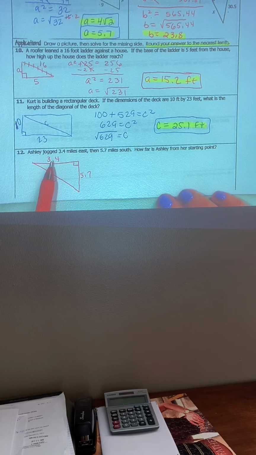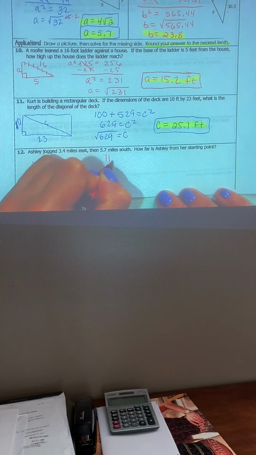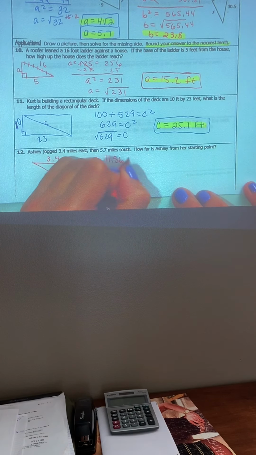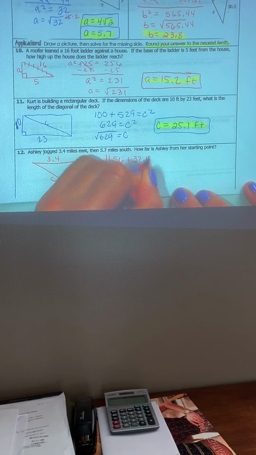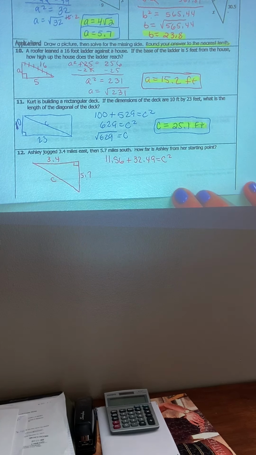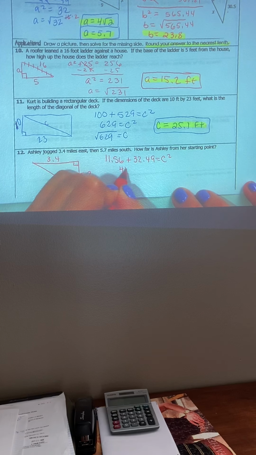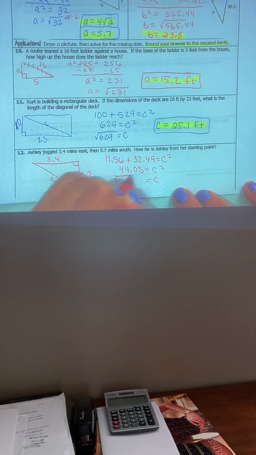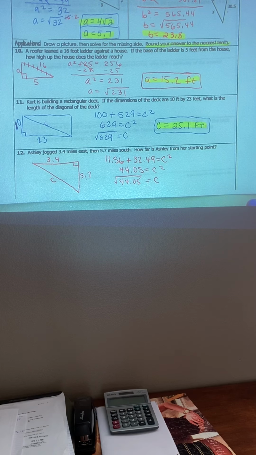Okay, so 3.4 squared is 11.56. 5.7 squared is 32.49. That equals C squared. Add them together, 44.05. And then take the square root. Round to the nearest tenth, and we get 6.6.